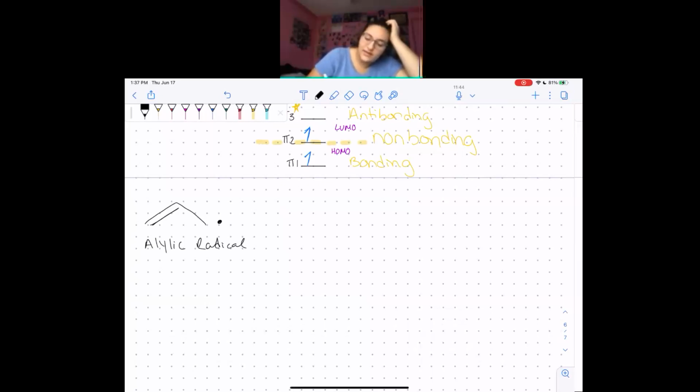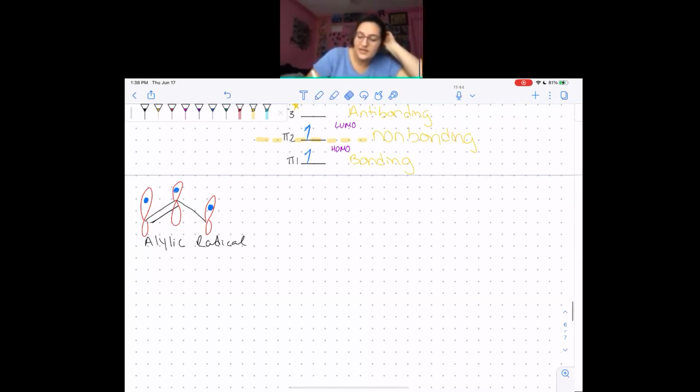Alrighty, so a lot of the things are going to be the same. So bam, bam, bam. How many electrons do we have in the first two orbitals? One each, yes. And then how many do we have in the last orbital? Yes, 3 total, exactly. So since we have a radical, I'll erase the black dot, but we're going to have 1 electron here. So we have 3 total.